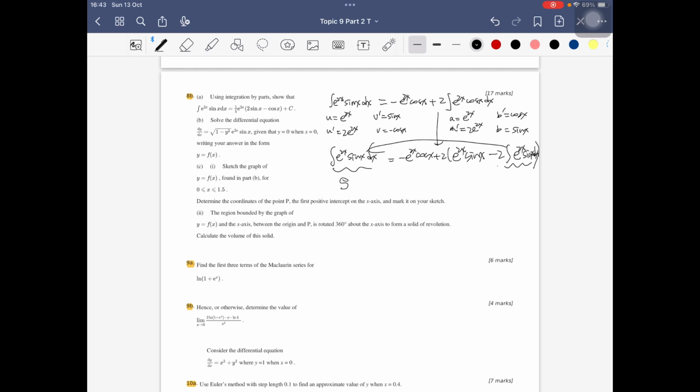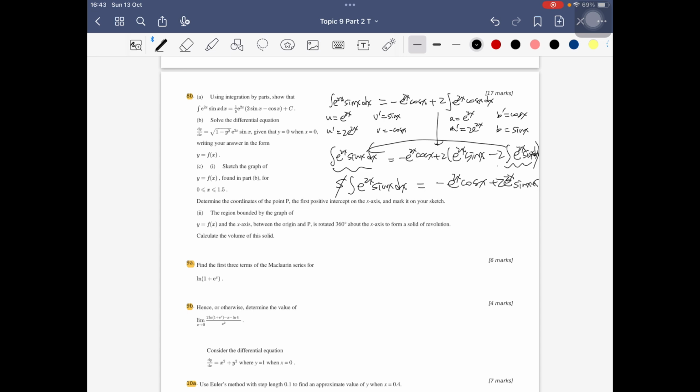Because this is 4, when we move it there, it's a 5. So 5 integral e to the power of 2x sine x dx becomes negative e to the power of 2x cos x plus 2 e to the power of 2x sine x plus c.